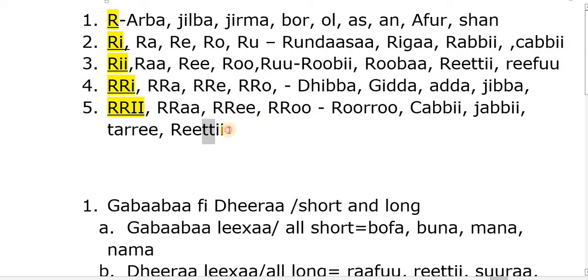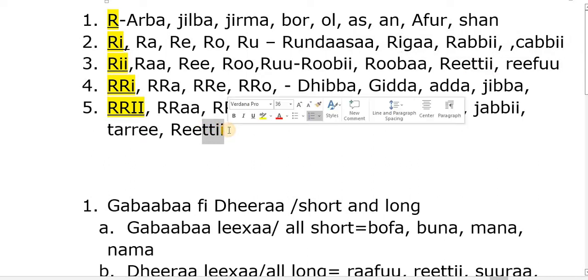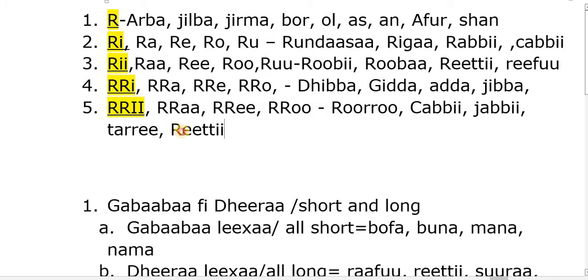Reti, the T part is strong and also long. The re is just the long sound. So we also have lots of mixed sounds like this we're going to see in the rules. So I hope you differentiate between these five.